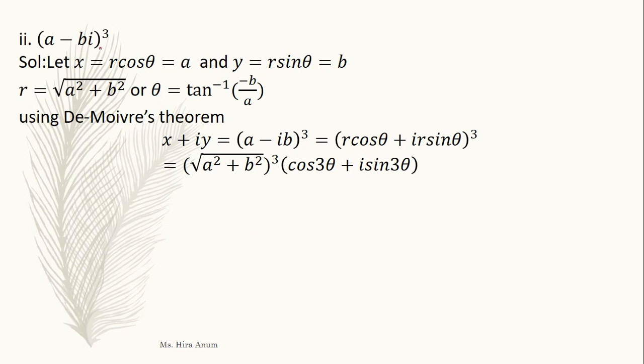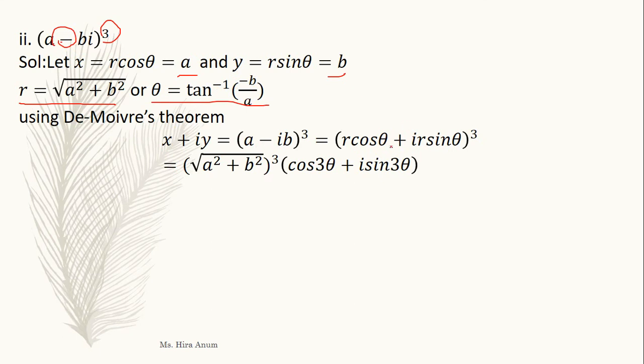Now a minus b iota, cube. x equals a, y equals b, and r equals radical a square plus b square. Theta equals tan inverse, and because you have a minus here, it becomes minus b over a. So we are using the theorem on this.